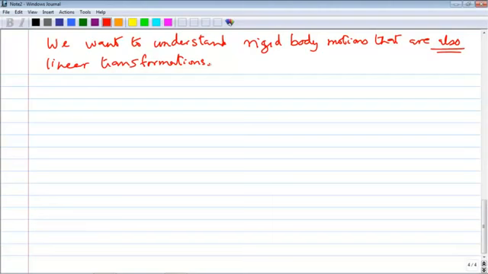Okay, how do we do that? So we need to somehow study the condition of rigid body motion and add that condition to that of being a linear transformation. So we're going to add a little definition here.